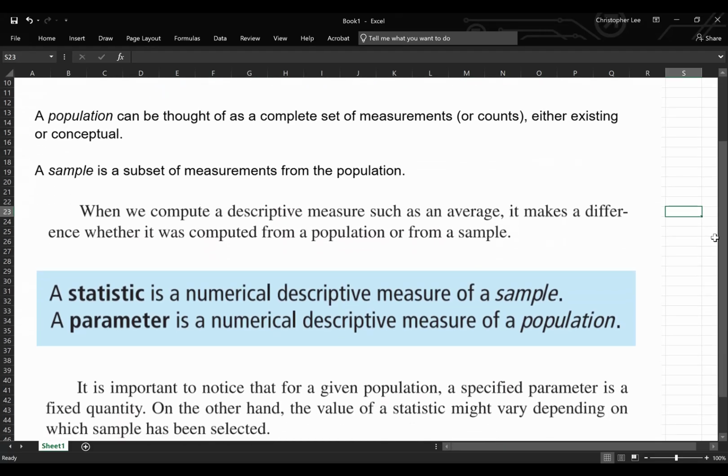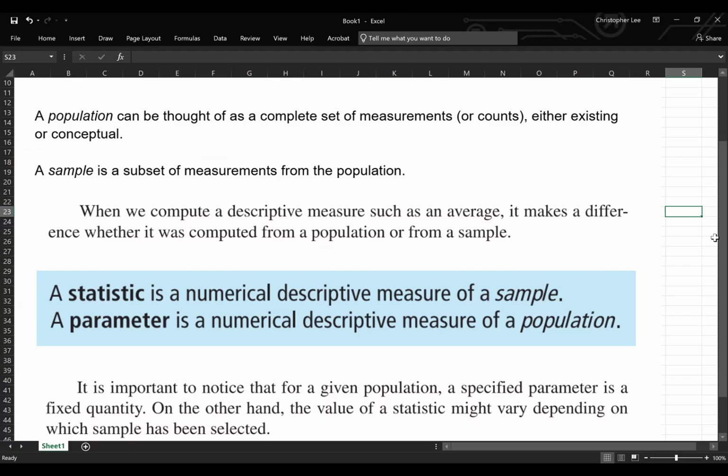So a statistic is a numerical descriptive measure of a sample. A parameter is a numerical descriptive measure of a population. All right. So statistics come from samples, parameters come from populations. Okay. It's important to notice that for a given population, a specified parameter is a fixed quantity.